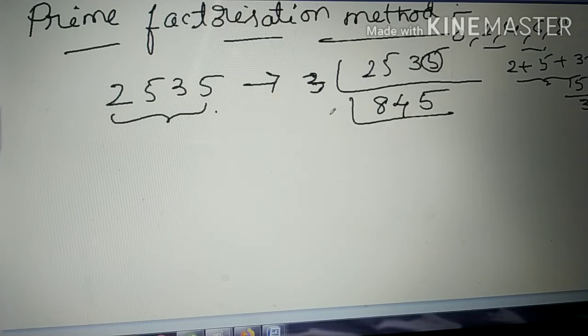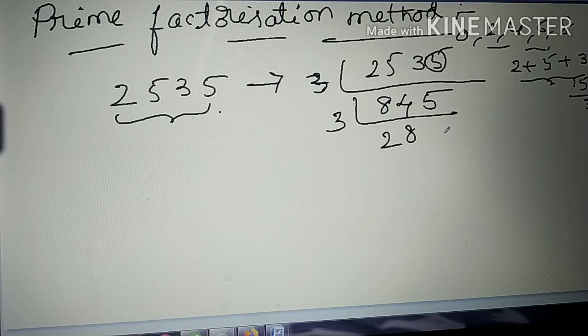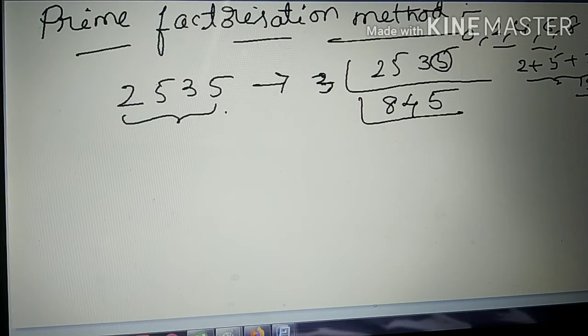Now again with 3. I am doing here 3 2's are 6, 3 8's are 24, and then 1. So this is not divisible by 2, so again I am doing with 5 here. 5 1's are 5, 5 9's are 45.